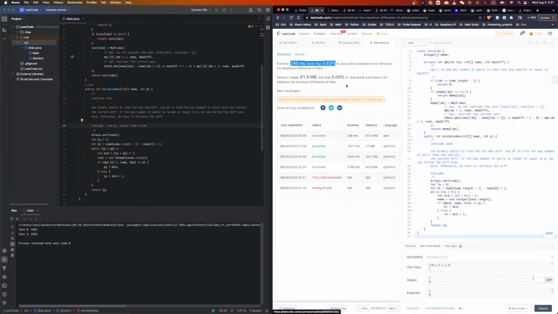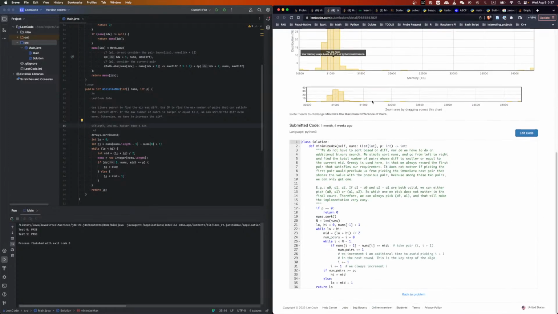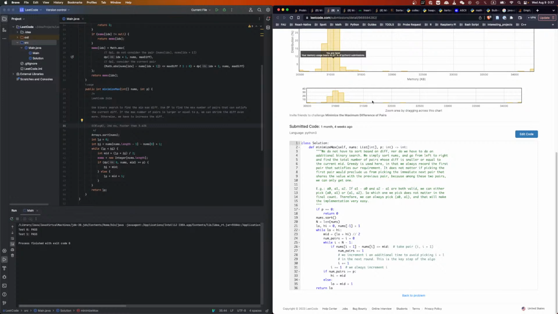So what is this? Super fast. Nor do we have to do additional boundaries. So we simply sort nums and go from left to right and find the total number of pairs whose diff is smaller or equal to the current mid. Greedy is used here in that we always record the first pair that satisfies our requirement.